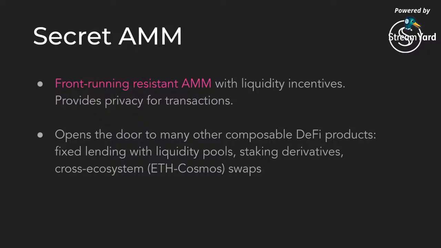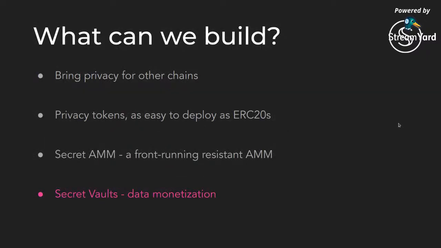So this is very cool, and it opens the door for many other DeFi use cases and products, and again utilizes this privacy ecosystem, and we can build very cool stuff around the DeFi world with this.